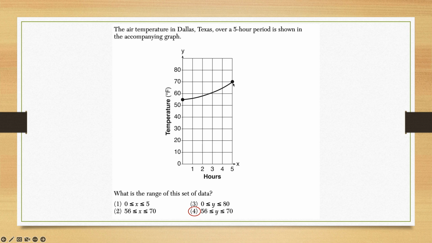The highest y value is right here. That's pretty obvious. The highest y value is 70. I would have thought the lowest y value was 55, but the closest thing they've got is 56. If you notice the difference between choices 2 and 4, choice 2, it's an x. Choice 4, it's a y. Range or output is always y. That's why it's choice 4.